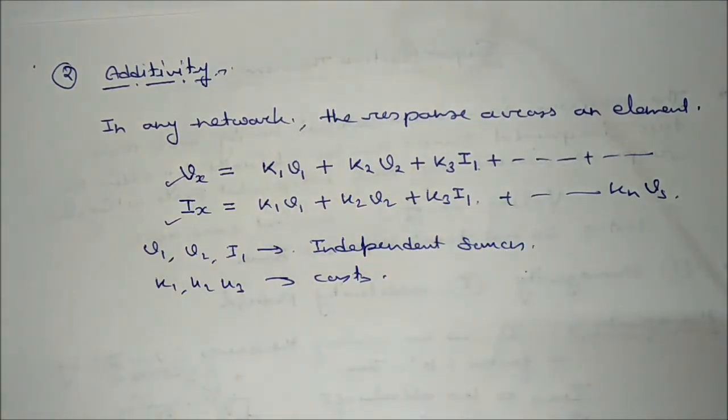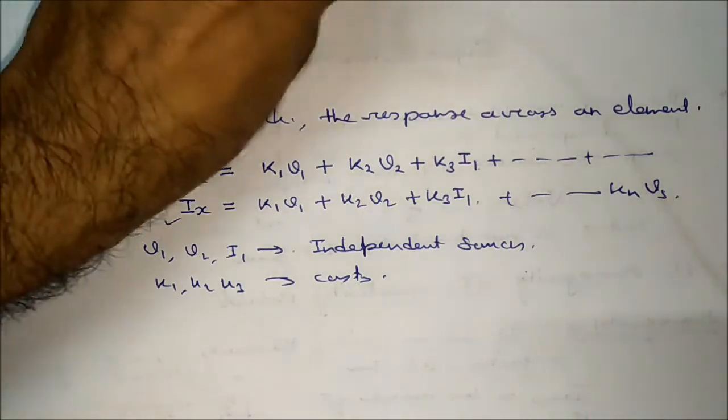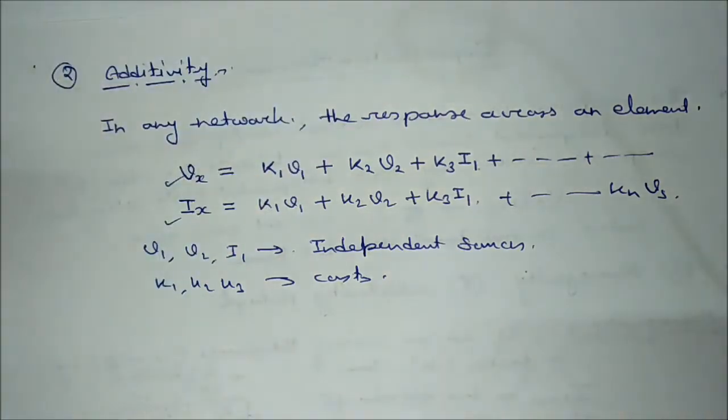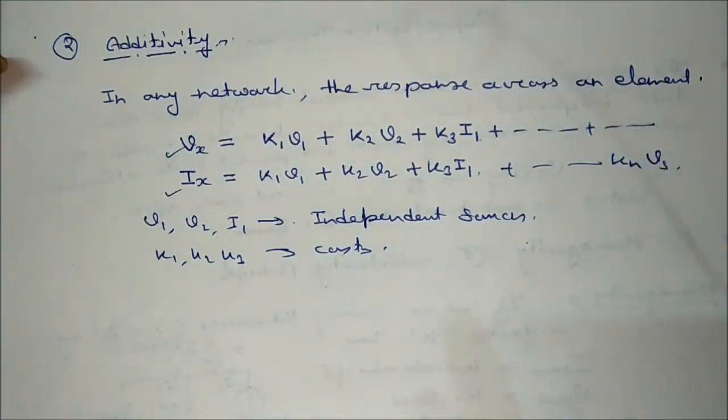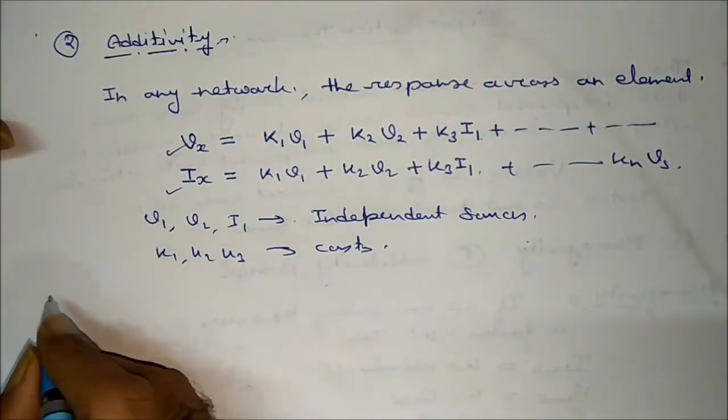Now if you want to see how to apply all these things in the superposition principle, then you have to do some problems. Okay, so I'm starting with the first problem in this category. That is a very nice problem. It's an ESE problem.